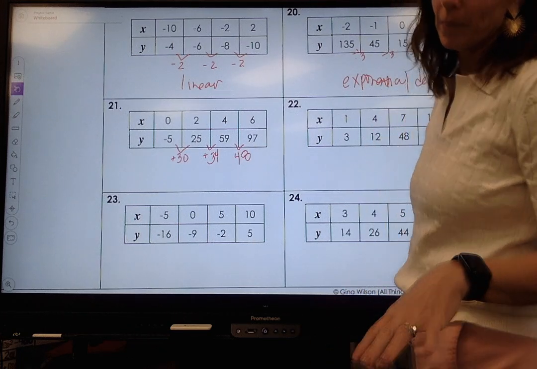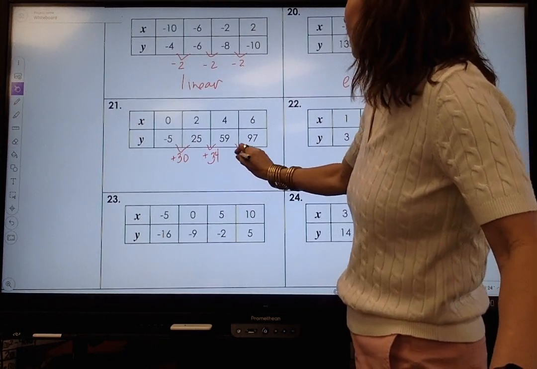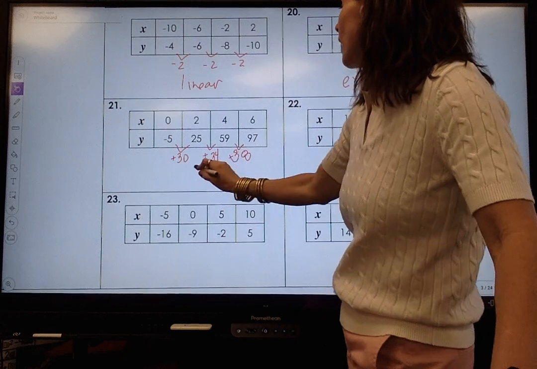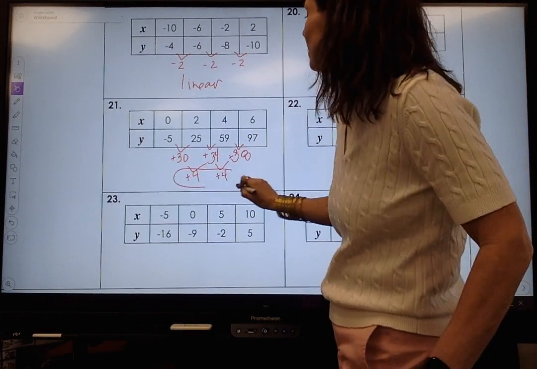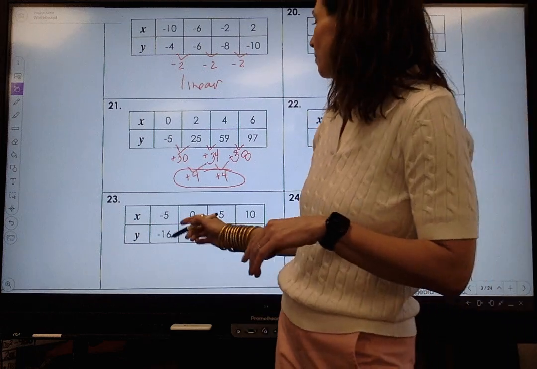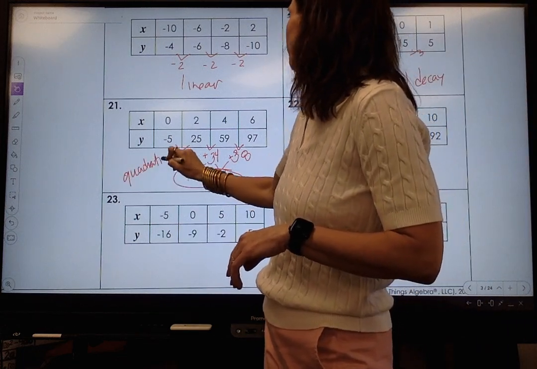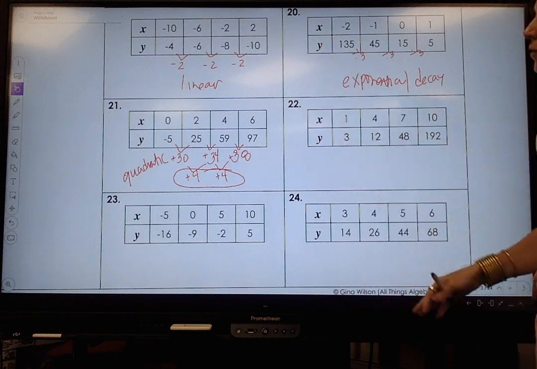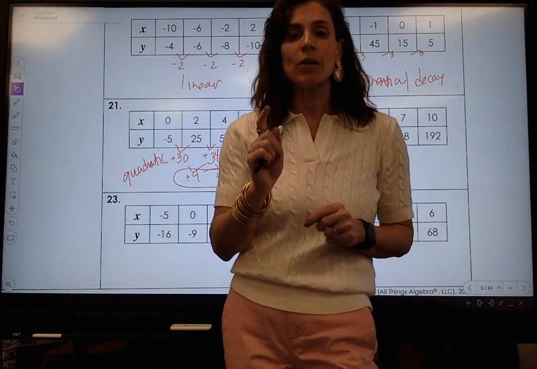Okay, I think my math is correct. 38, not 48. 38. Okay, so now I go up by 4 and up by 4. So my second one is going to be the same. So that means it's going to be quadratic. My second change is the same. Okay, so that gives me a good visual for all three. I think you're probably pretty good on that, but let me know if you have questions.